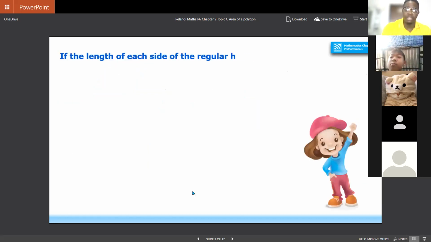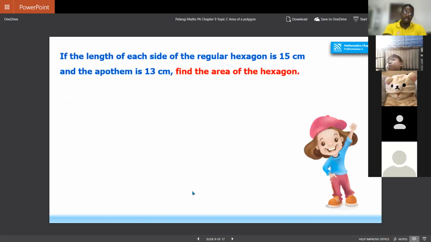Okay, so let's go see the questions here. Question 1: if the length of each side of a regular hexagon is 15 centimeters and the apothem is 13 centimeters, find the area of the hexagon. First, Emily, which of the formulas will I use? Formula 1 or formula 2?